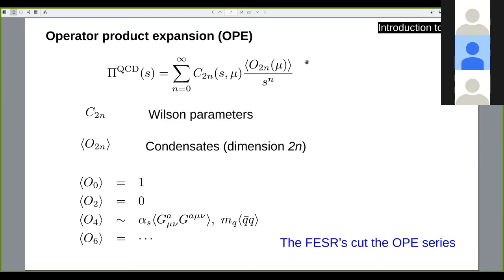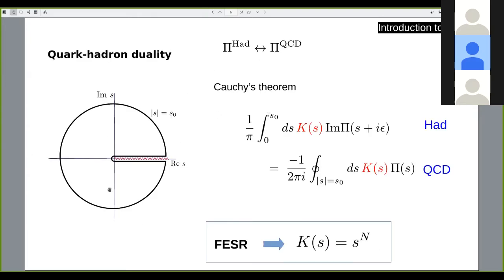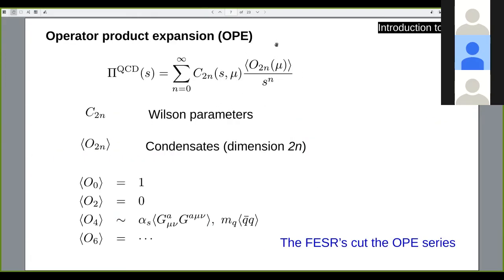We can see that if we integrate on the contour here, depending on the power of s, this function vanishes for a power of s higher than N or N minus 1.